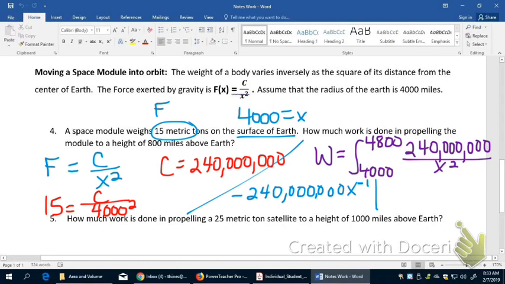So you do negative 240 million times 4,800 to the negative 1, minus negative 240 million times 4,000 to the negative 1. And then when you do that, you will get 10,000. Distance is miles, and weight is tons.